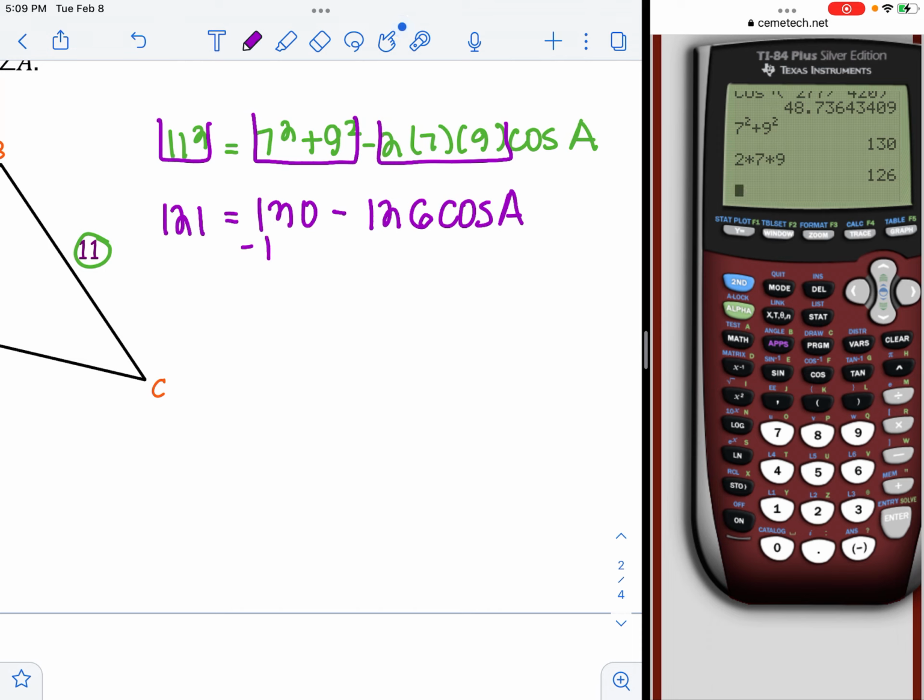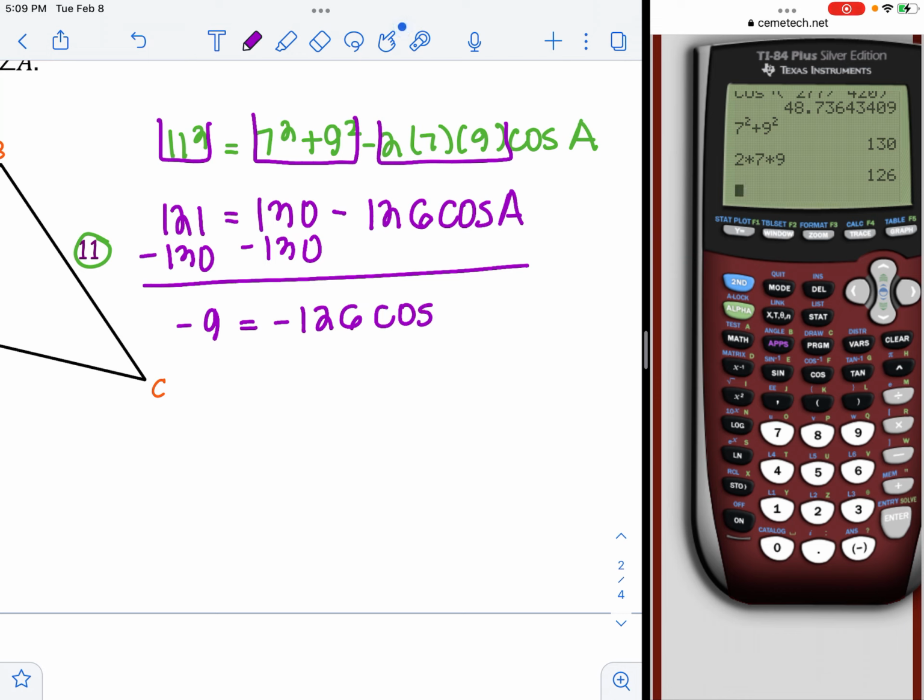That's not how algebra works. I need to subtract 130 from both sides. I get negative 9 is equal to negative 126 cosine of angle A.